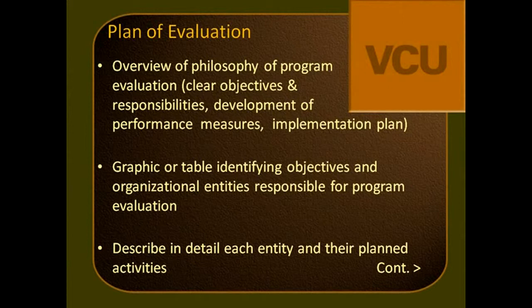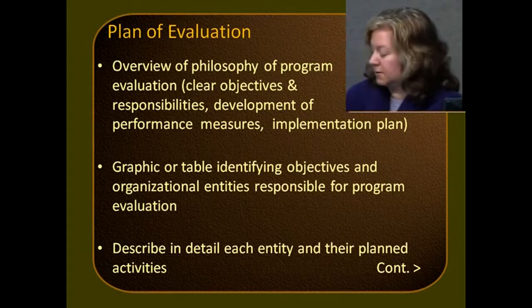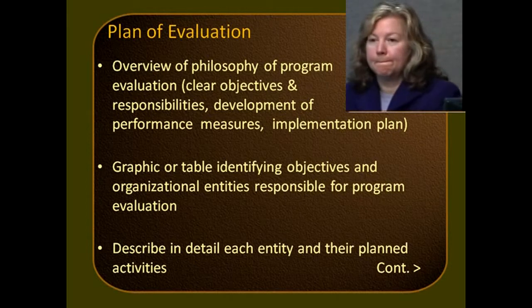In addition, you'll also want to talk about your advisory board members, how they'll formally review your progress, as well as any senior leadership and any other groups within or outside of your agency.